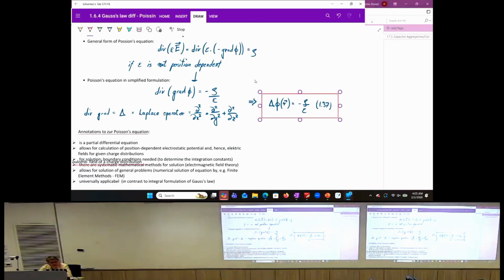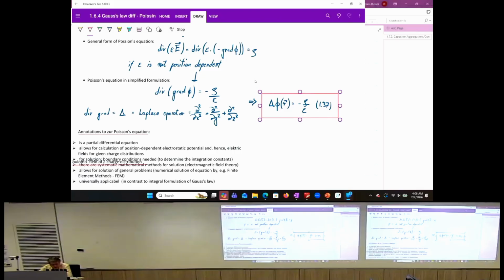But if you want to have any arbitrary electrostatic field problem being solved, then you will resort to this Poisson equation. And you need this equation plus boundary conditions. Always you need the partial differential equation, and in addition, you need boundary conditions. This is essential to solve for some problem.